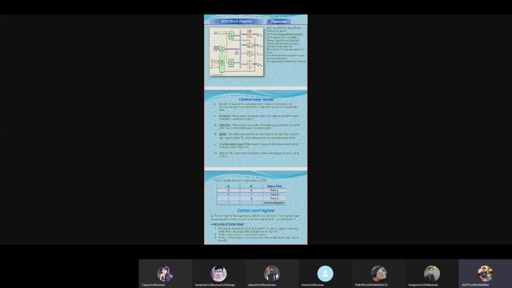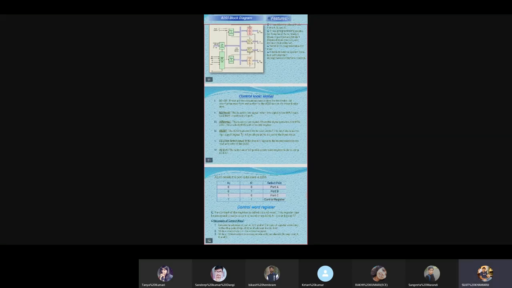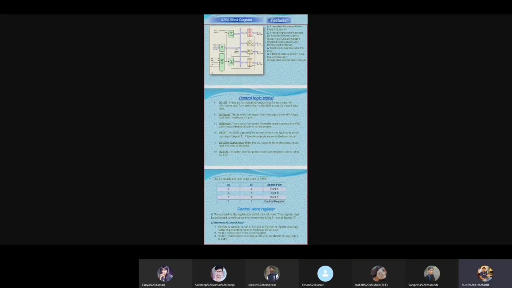Next is RD bar. This is an active low signal. When this signal is low, the MPU reads data from a selected IO port. Actually, when a read operation is done, the read signal is low, so this is an active low signal.